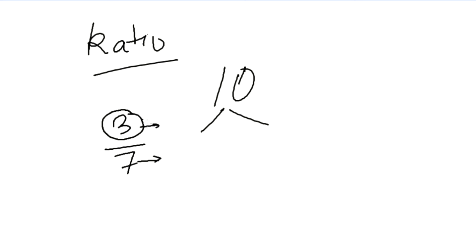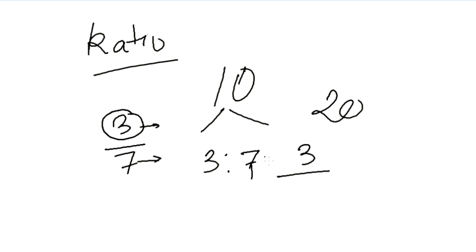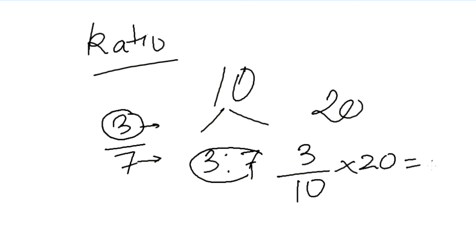What if it is, let's say, 20 sweets? How much will you get if you are distributing in the ratio of 3 to 7? So how do we do it here? Your ratio is 3, out of how many in ratio? 7 plus 3 is how much? 10. So 3 by 10 into 20 will give you the amount of sweets you'll be getting out of 20, right?